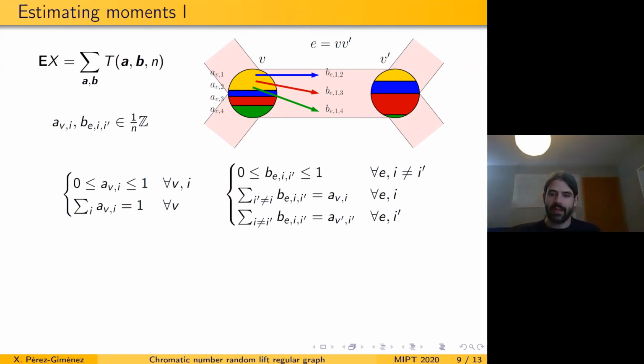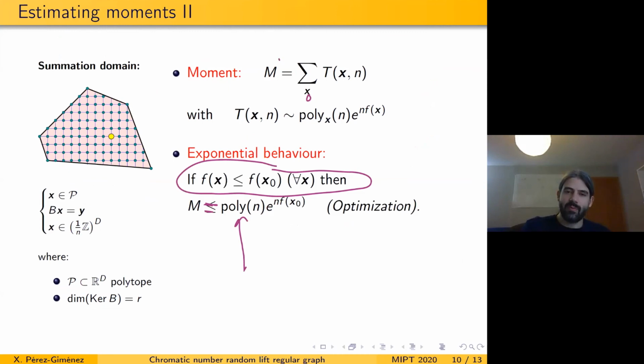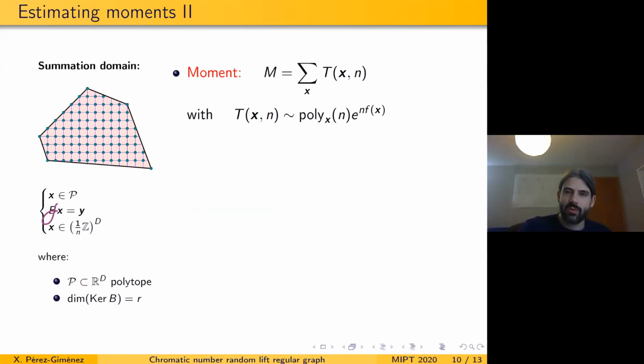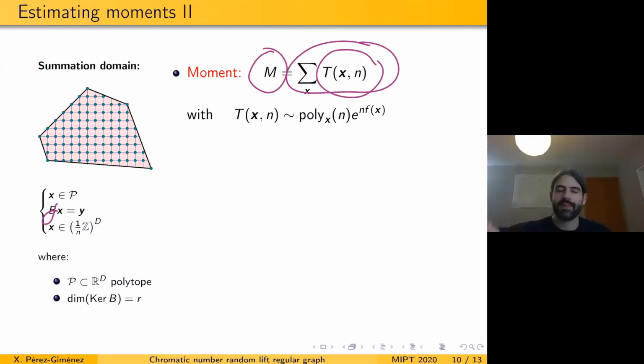The derivation of an exact formula for these moments follows a similar approach. And in the end, everything that I was mentioning here was just to obtain the asymptotics for the moments. They're expressed as some gross sums. And you want to find the term that gives you the main exponential contribution, and then just show that you can restrict to a few terms around that term, and they give you the whole sum.